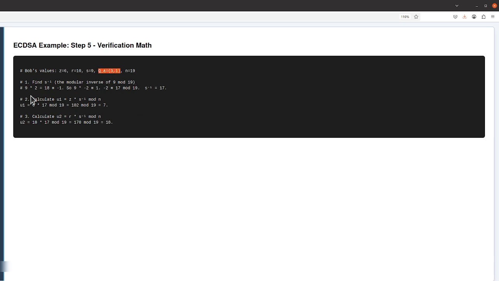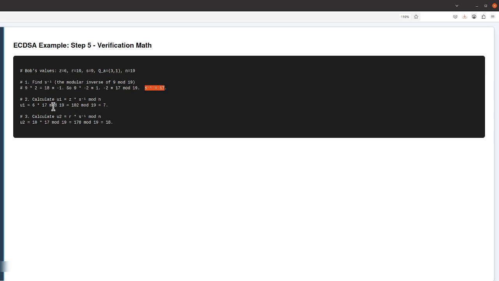First, Bob calculates the modular inverse of S, which is 9 to the power of negative 1 modulo 19. Since 9 times 2 equals 18, which is congruent to negative 1, then 9 times negative 2 is congruent to 1, and negative 2 is congruent to 17 modulo 19. So S to the power of negative 1 equals 17.